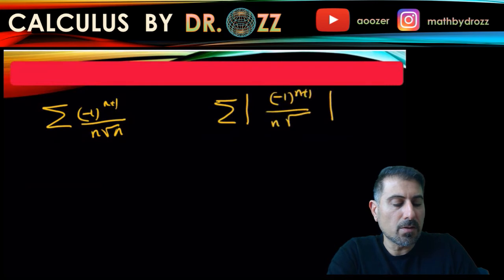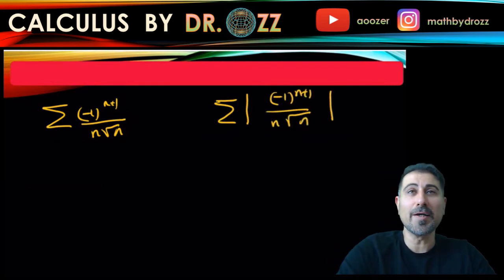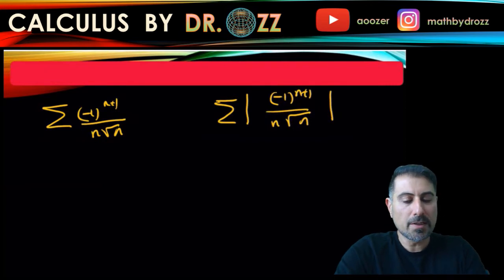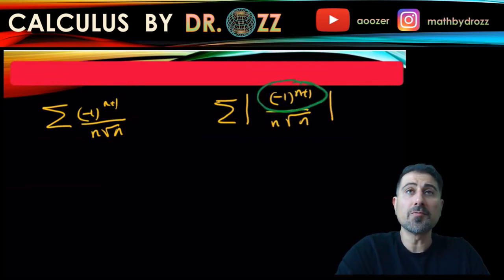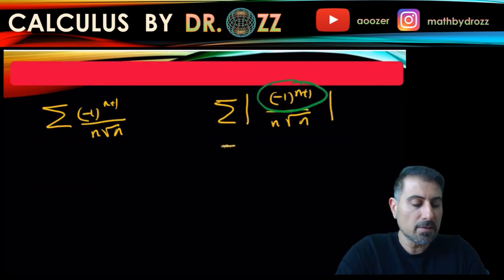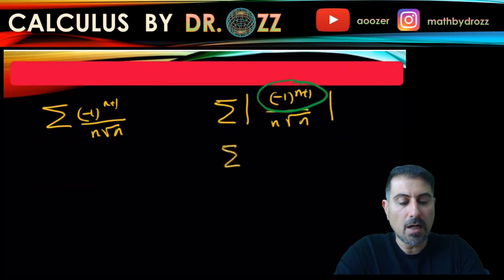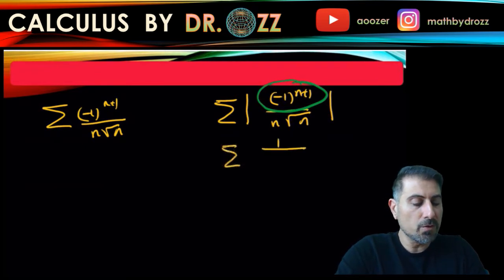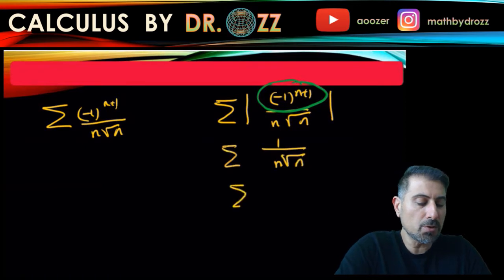When I take the absolute value, I don't have the sign alternating anymore because it is absorbed in the absolute value. So this is essentially the same as the series 1 over n radical n, which is equal to 1 over n to the 3 halves.